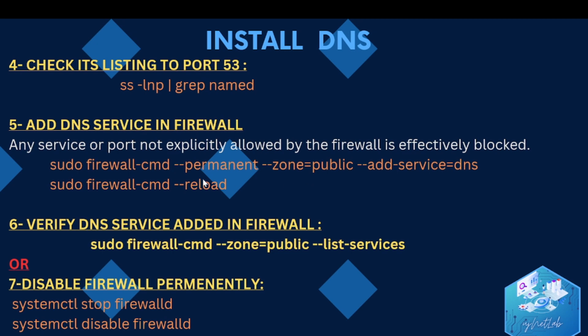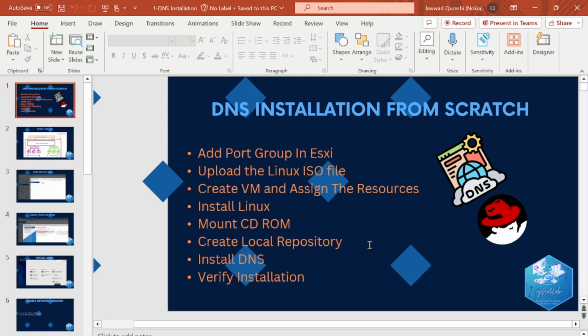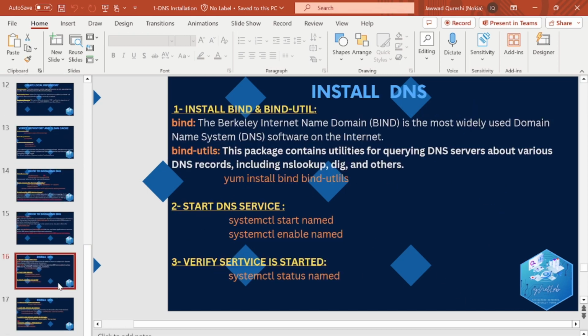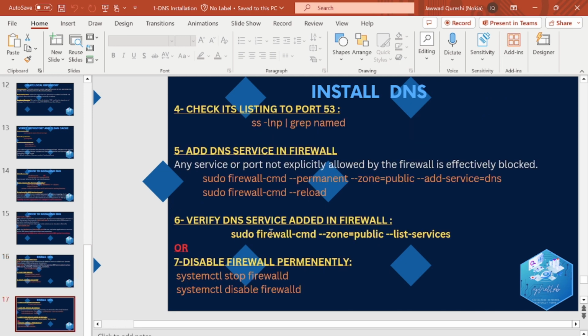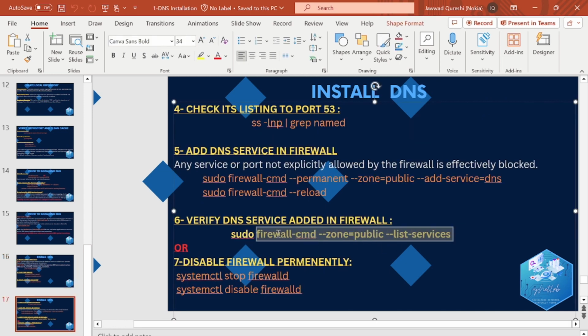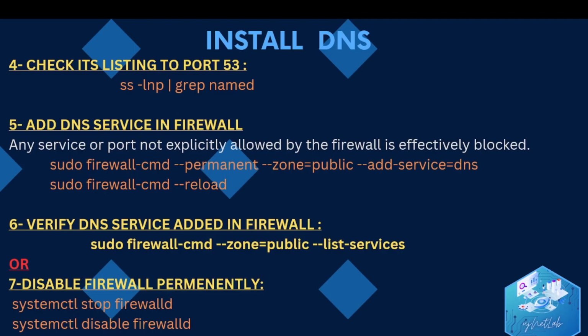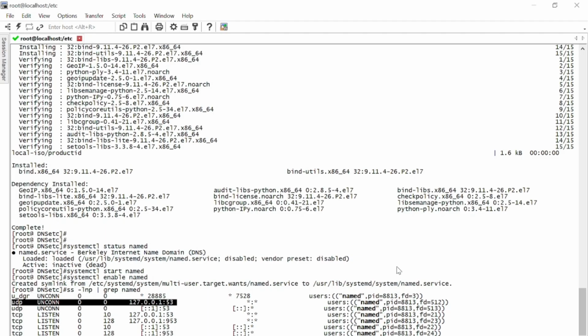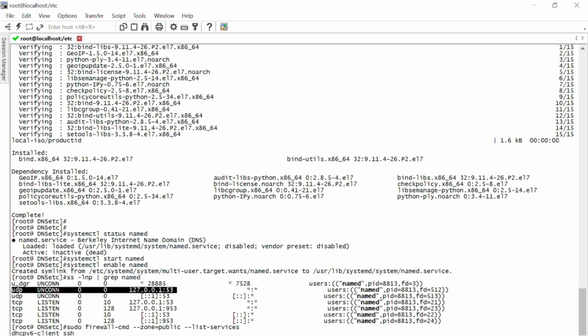Now the issue is that maybe it will not work. Why will it not work? Because maybe there is a firewall. So let's see, is the firewall blocking or what? This is the command to verify the list.